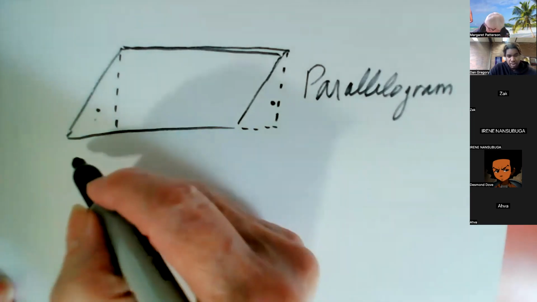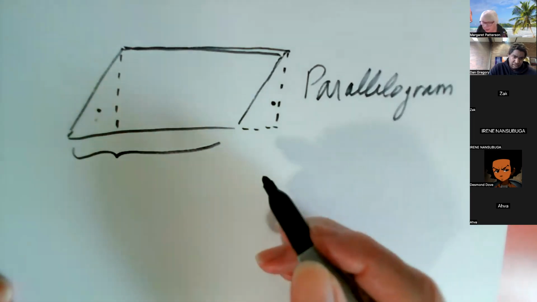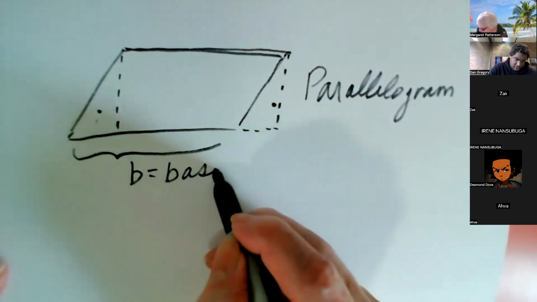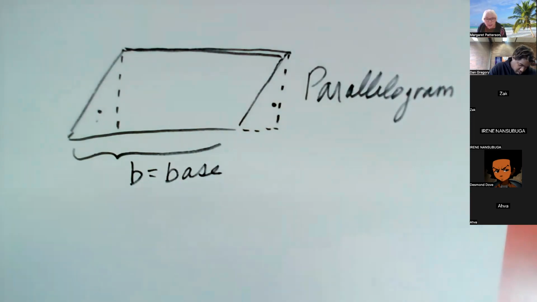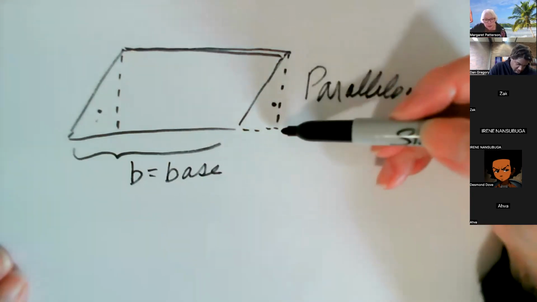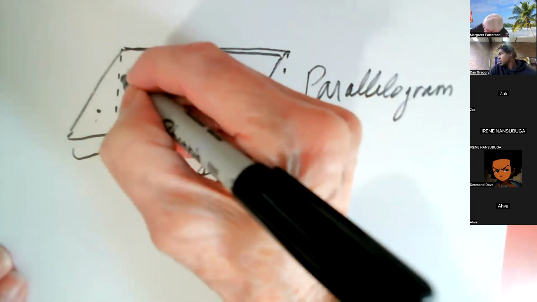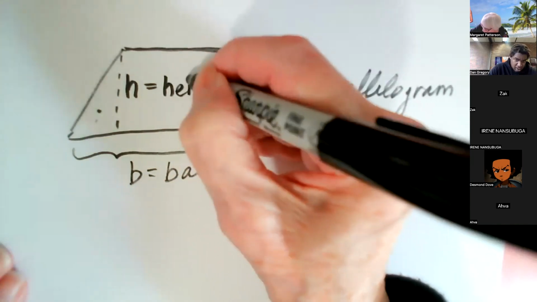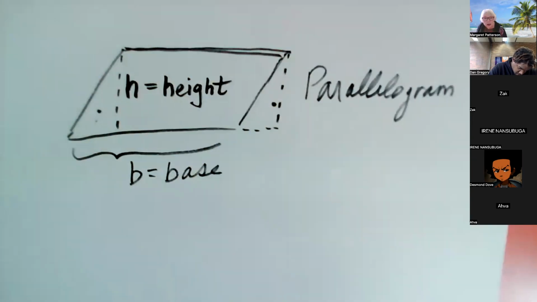The truth of the matter is, instead of length and width, they're going to call this B for base. It's typically on the bottom, but it depends if they turn it or something. This vertical distance, which would have been the rectangle, is here in the dotted line, and it's H for height. But the name of these two really doesn't matter because it's the same thing.